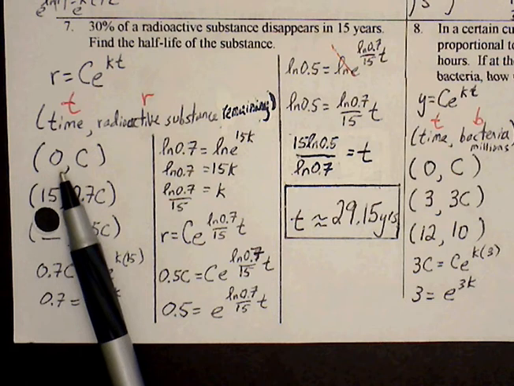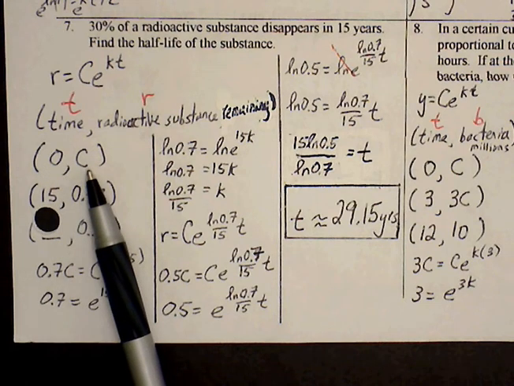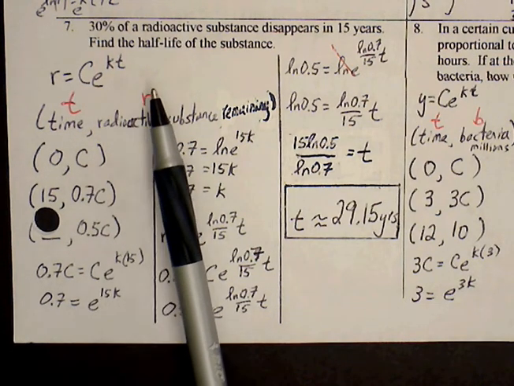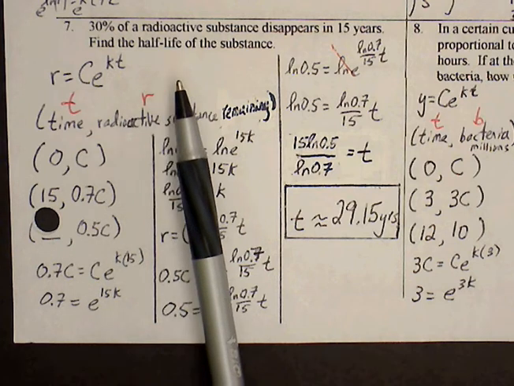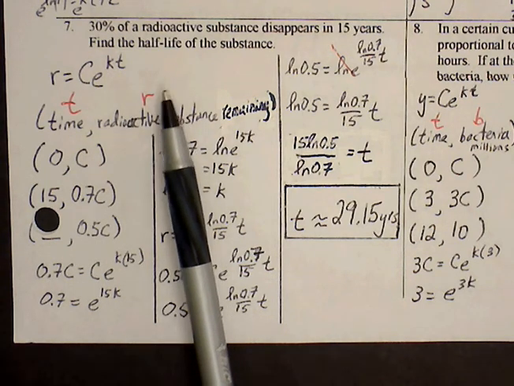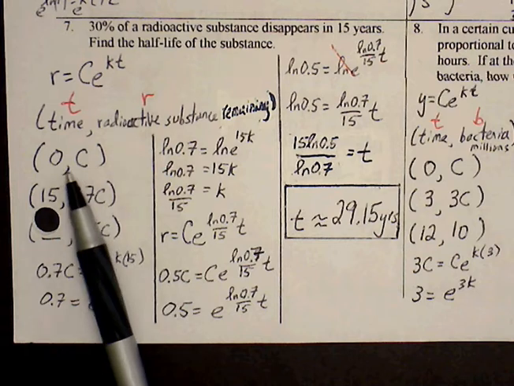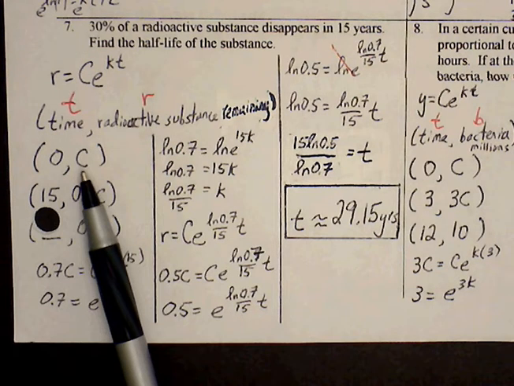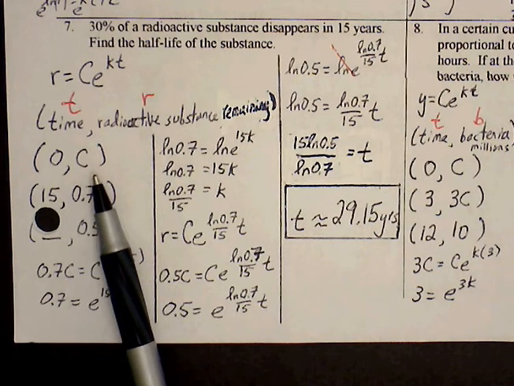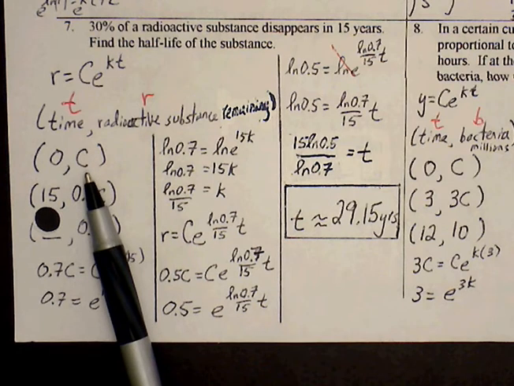So again, I'm going to let C represent the initial amount of the substance, since we don't have that value. So at time 0, 0 years, we have a specific unspecified amount.